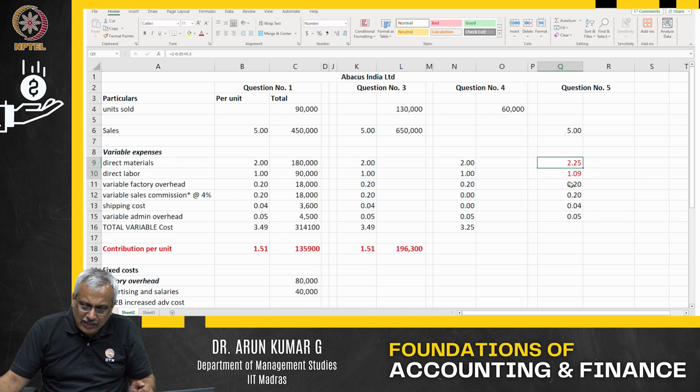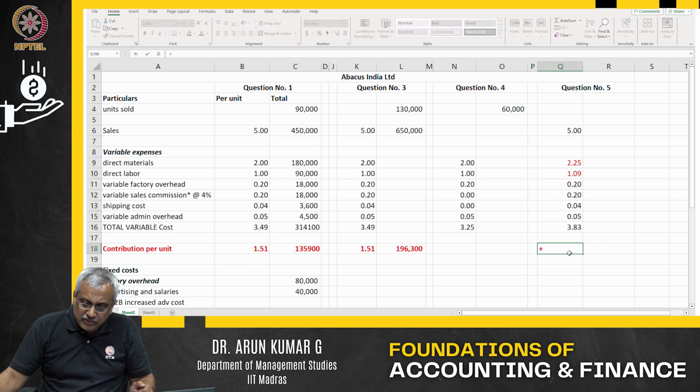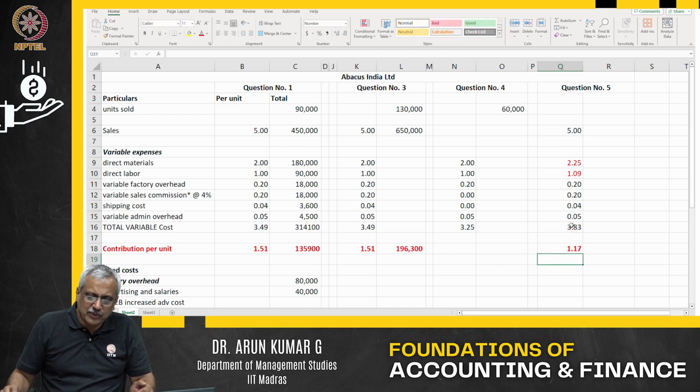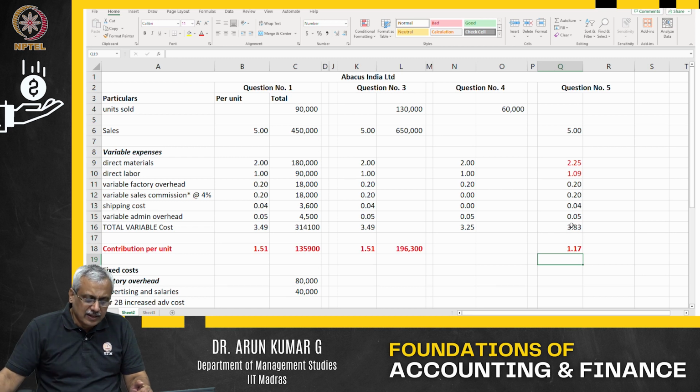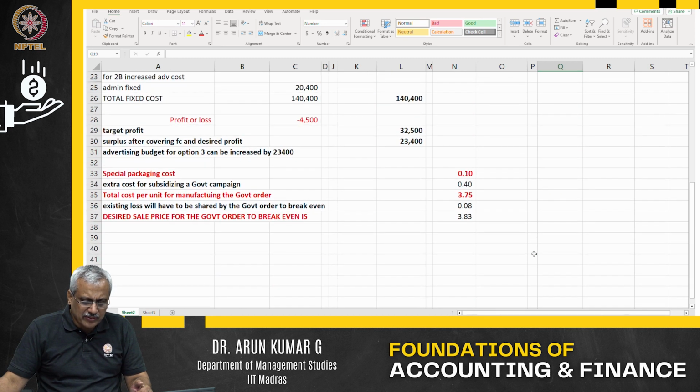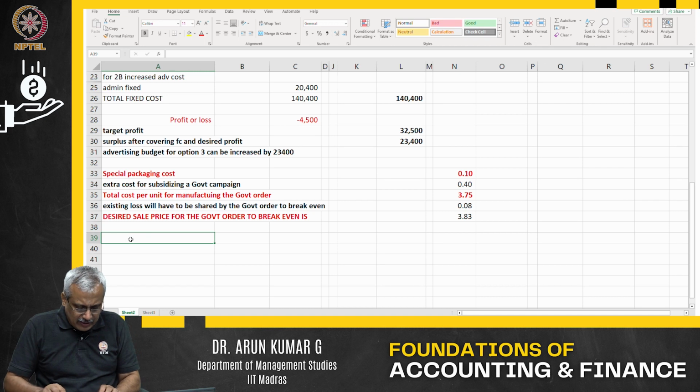So let me look at my total variable cost. My total variable cost is 3.83. So my contribution per unit is 1.17. Now let us go to this. What is the desired profit?